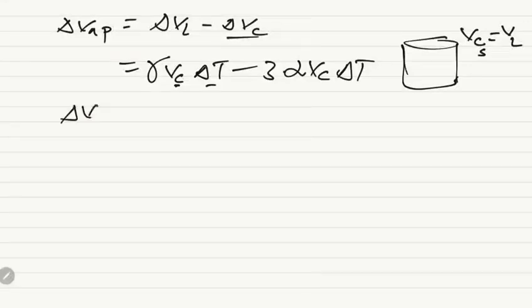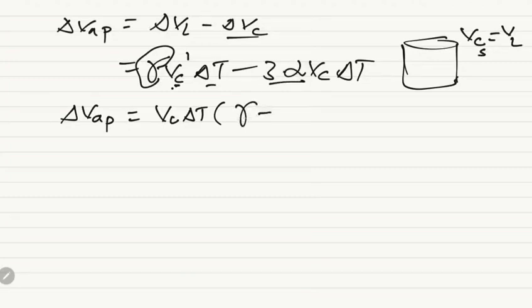Now the change in volume apparent is equal to, so you can take the volume at the colder temperature times the change in temperature as common, then in the bracket you're left with gamma, the volume coefficient of the liquid, minus 3 times alpha.